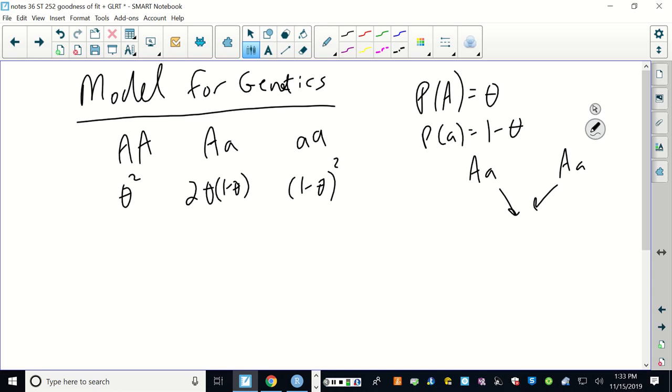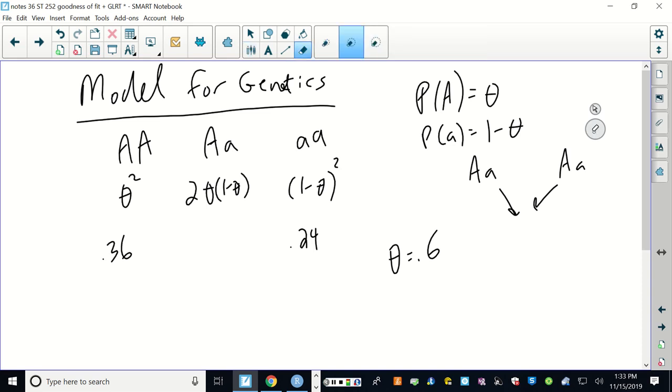So if the probability theta is, say, 0.6, that would imply that 36% here would be that type, 24%, no, 0.4 squared is 0.16 over here. And then in the middle it should be 0.48. Those should be the probabilities of these different outcomes. Say we have 100 pairs.